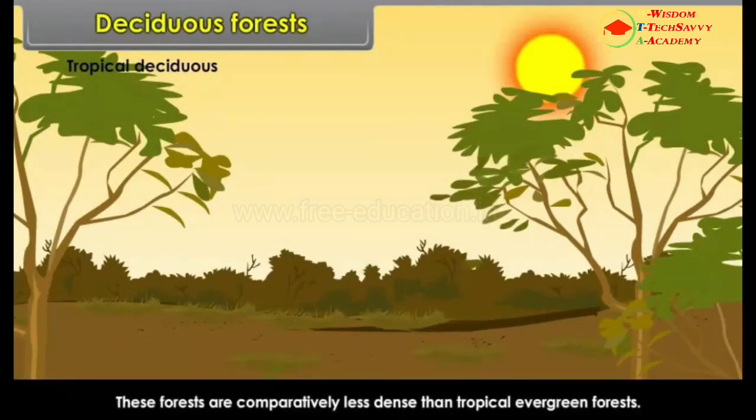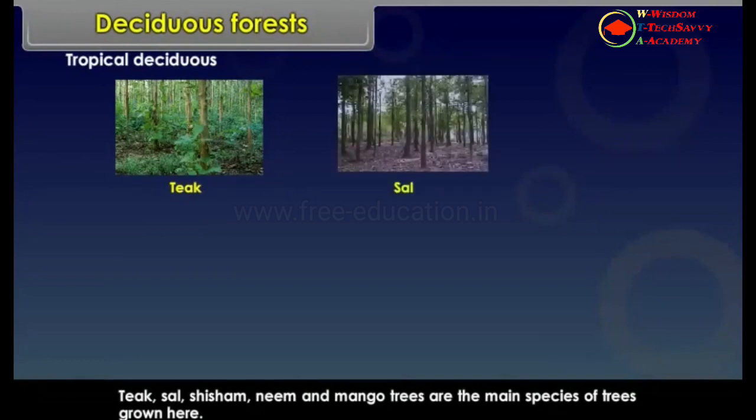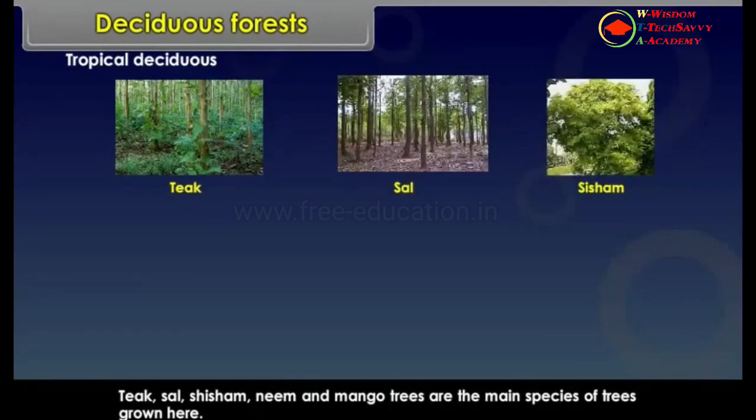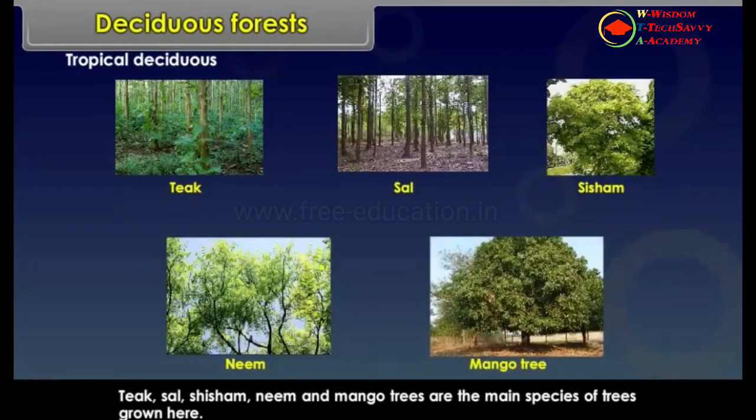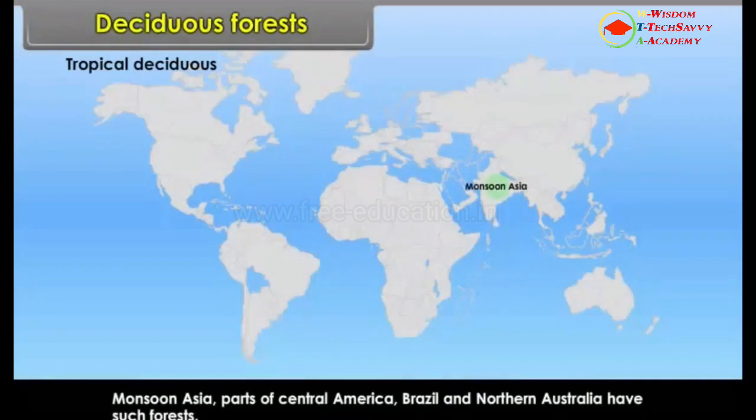These forests are comparatively less dense than tropical evergreen forests. Teak, sal, shisham, neem, and mango trees are the main species of trees grown here. Monsoon Asia, parts of Central America, Brazil, and Northern Australia have such forests.